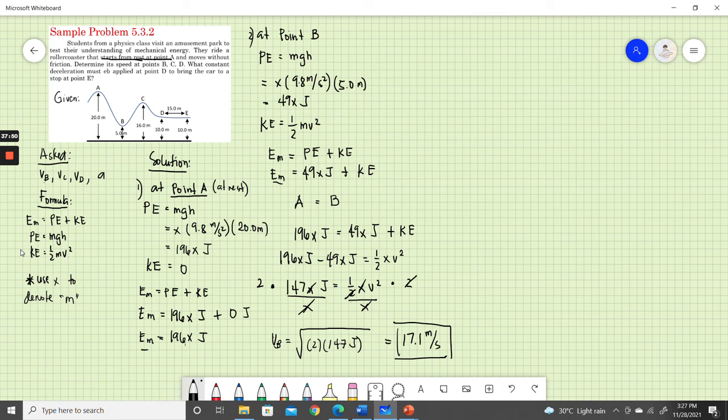So that's how we were able to solve for the speed of the object as it goes to B.